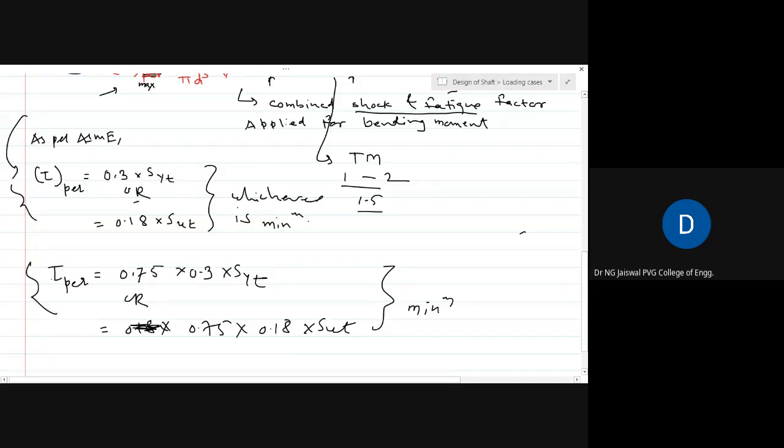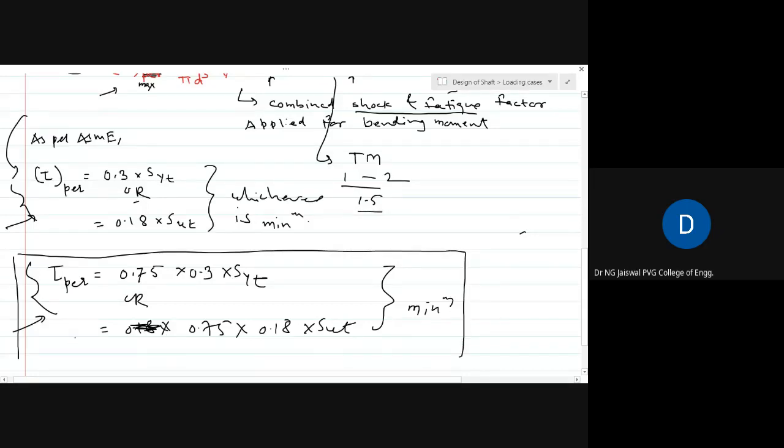This set is without considering the fact that the strength will be reduced because of the keyway, and this is by considering the fact that the strength will be reduced because of the keyway. So finally, if keyways are present, the permissible shear stress in the shaft material is given by 0.75 into 0.3 into SYT, or 0.75 into 0.18 into SUT, whichever is minimum out of these two.